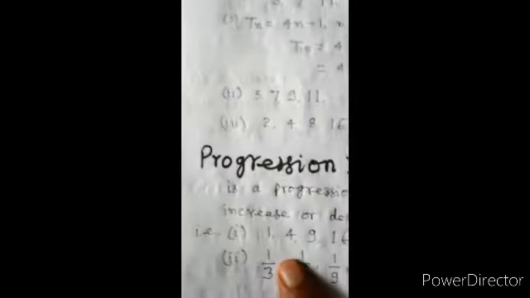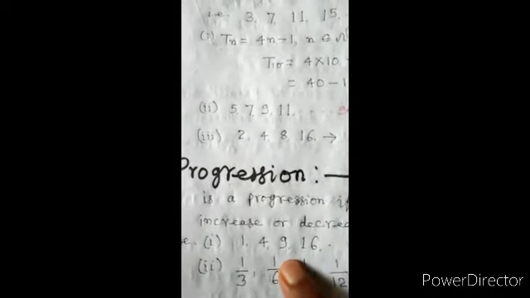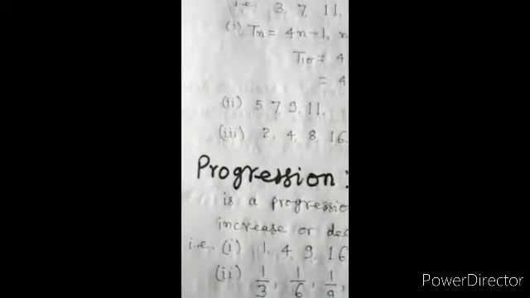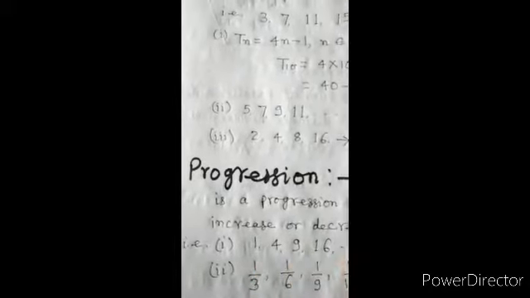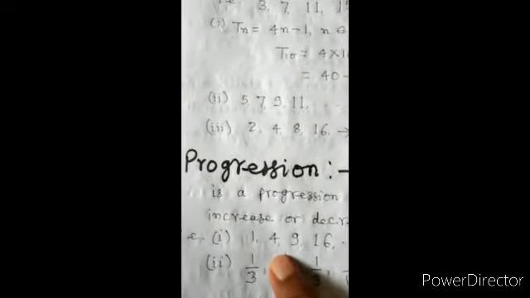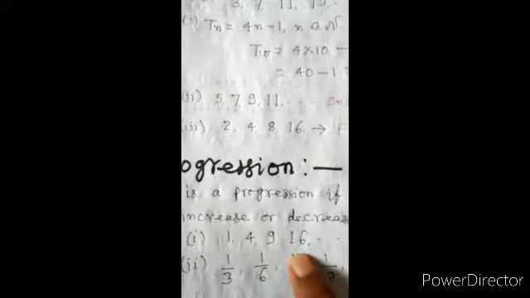Take an example. See here, 1, 4, 9, 16. These numbers are in increasing order and they are following a pattern, a square of natural numbers. 1 square is 1, 2 square is 4, 3 square is 9, 4 square is 16, etc. And these are in increasing order.